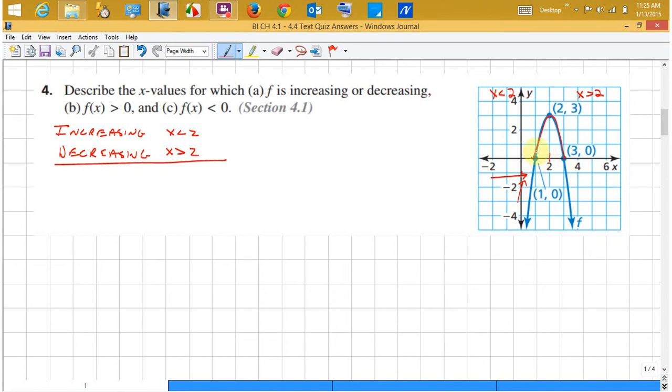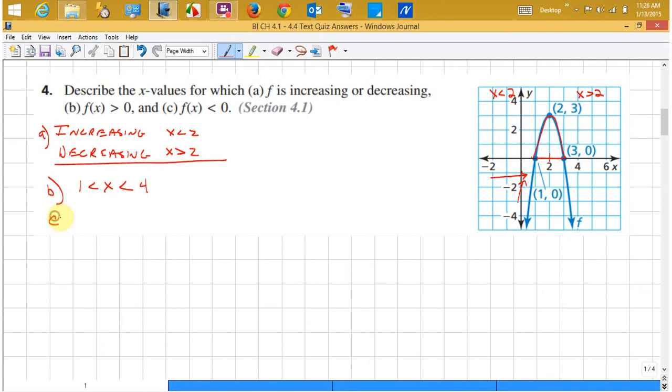You can see that as I go for x values between these two places, that's where the y values are actually greater than 0. So for part B, it's going to be where 1 is less than x is less than 4. That's going to create a y value that's greater than 0.